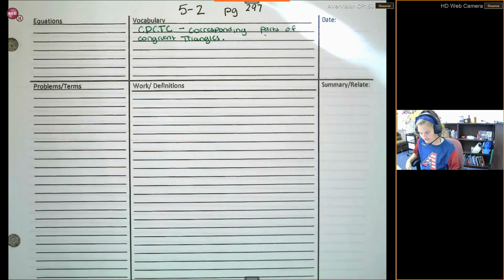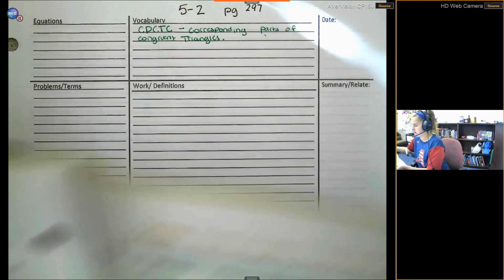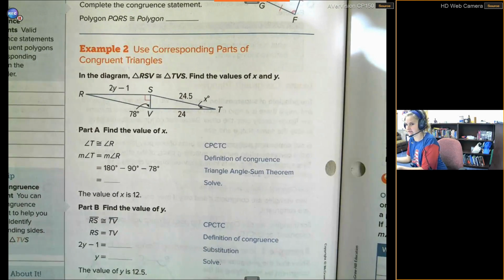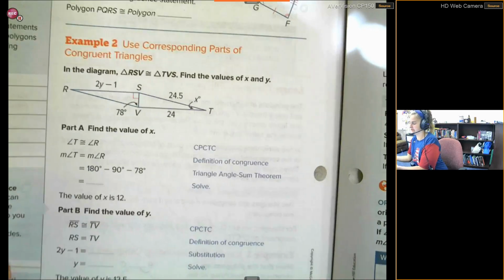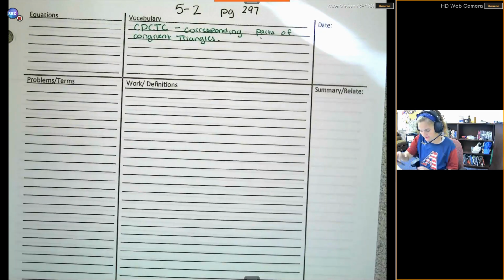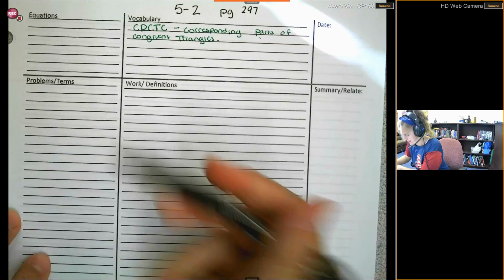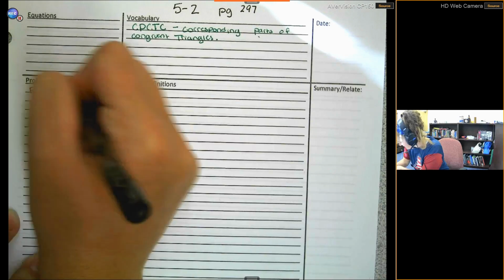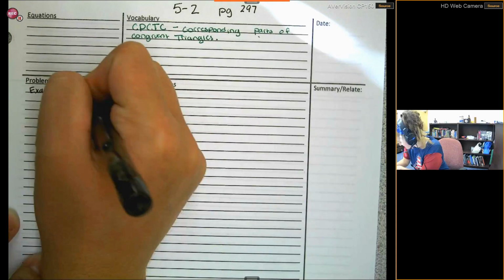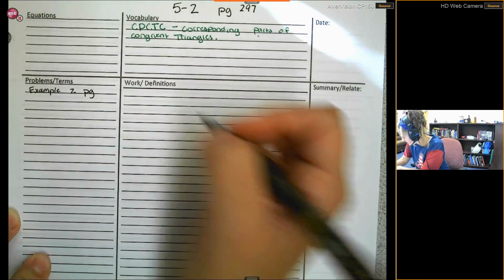Okay, so example 2, it says in the diagram, RSV is congruent to TVS. Find the values of X and Y. Okay, so I'm going to draw this. And this is example 2, and it is on page 299.